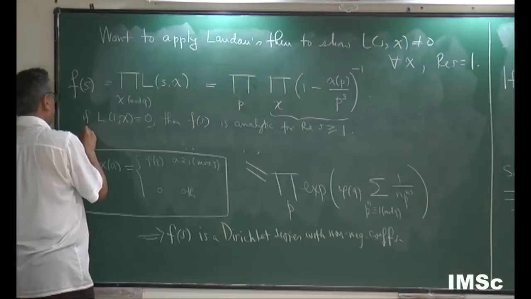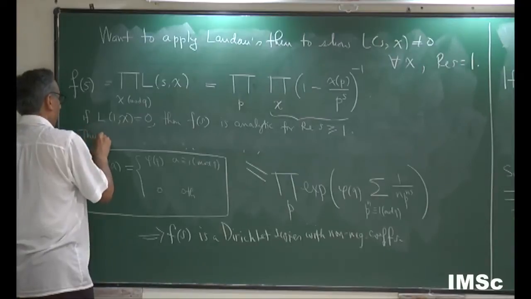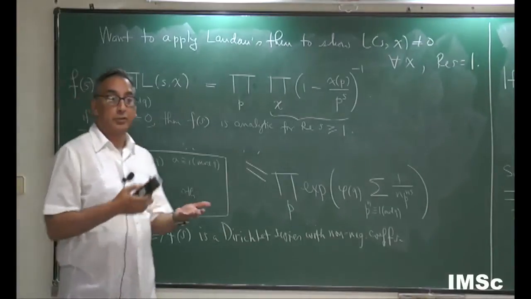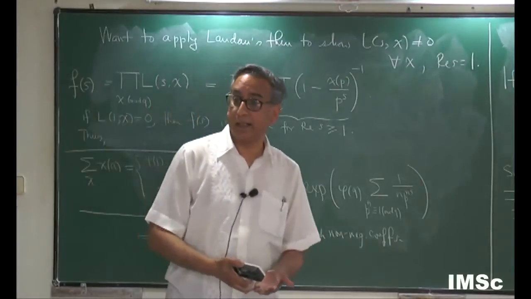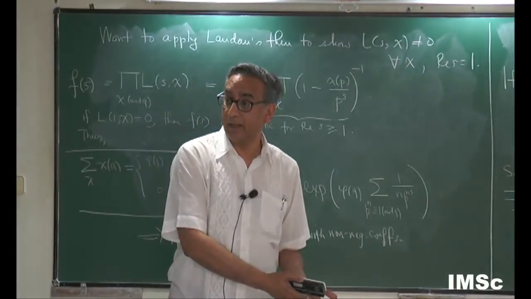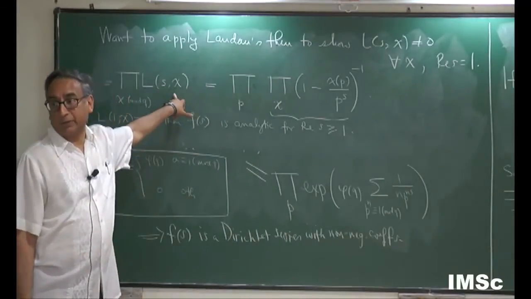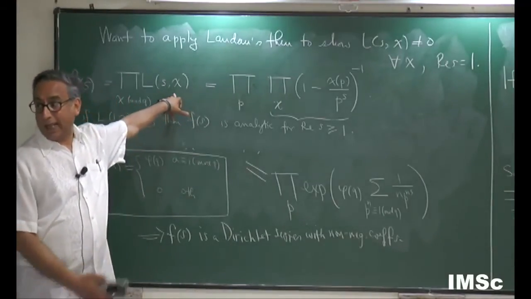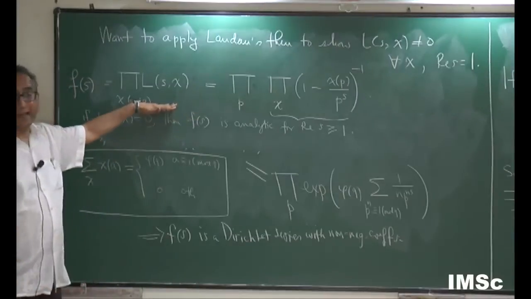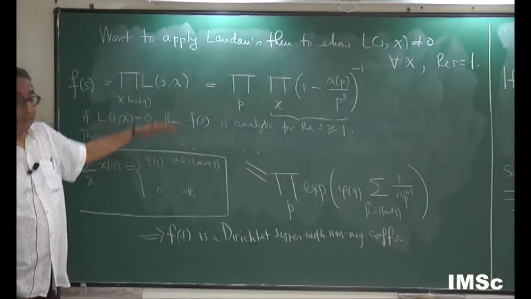Remember, we showed the Riemann zeta function has an analytic continuation for real part s bigger than 0. And we showed that all these L(s, chi)'s were analytic for real part s bigger than 0. The pole got cancelled. Therefore, this function is analytic for real part s bigger than 0.